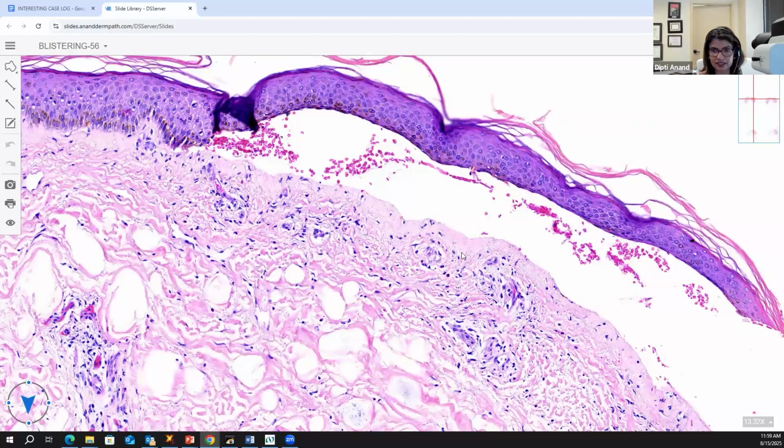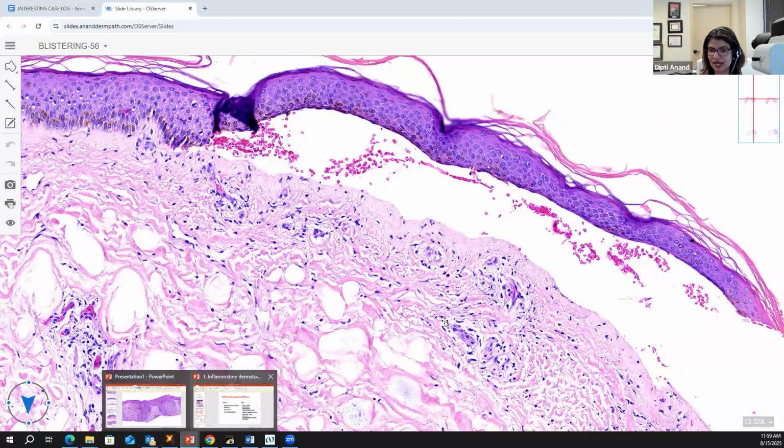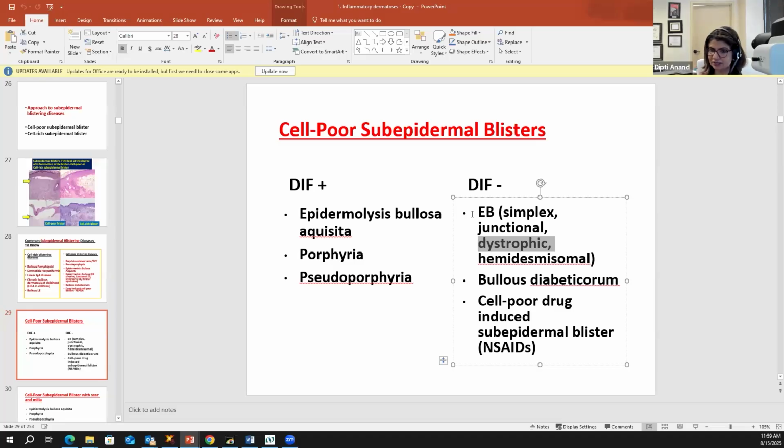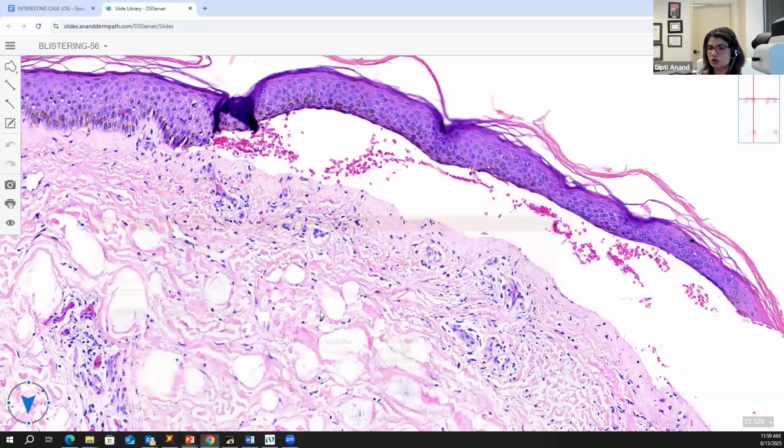Is there a clue, or do they have only one of these listed entities in there? So any of these entities could look like that. So you have to look for a second-order question, which could be a DIF question. It could be a clinical question. So you have to make sure what they are asking, because all of these entities will look like this. It's a cell-poor subepidermal blister.